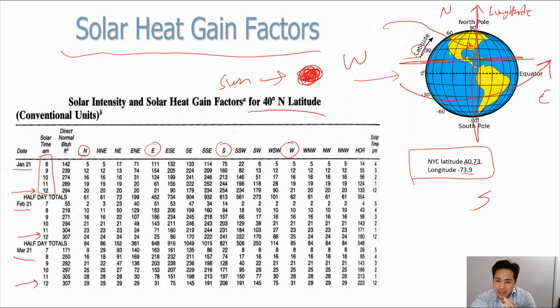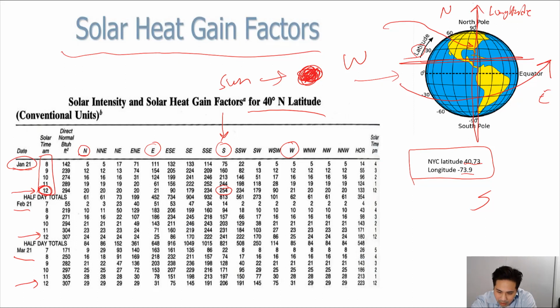That means if we look across this point right here, January 21 at 12, which represents noon, you're going to see in this column here, the south, that the number is 254 for the solar heat gain factor.